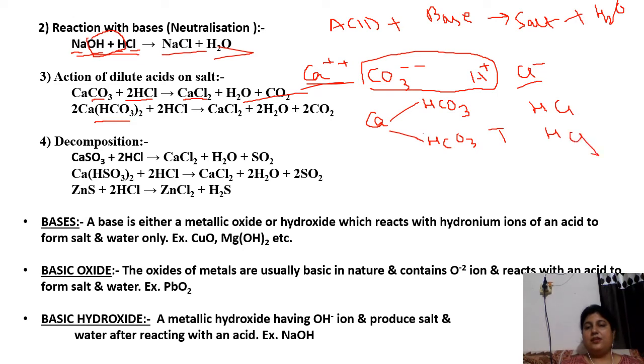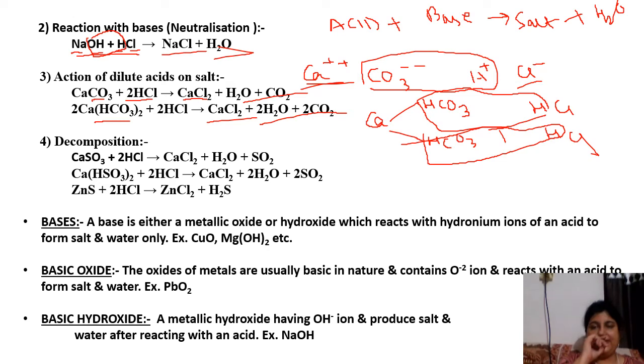H2CO3 is formed. Similarly here also H2CO3, which splits up into H2O and CO2. While both valencies of calcium are free, these chlorine ions will get attached over there and result in the formation of calcium chloride.